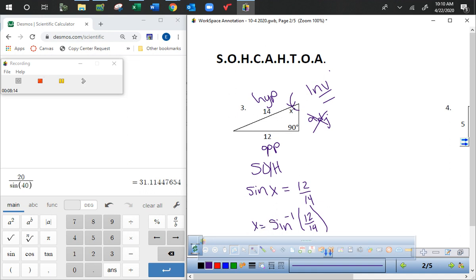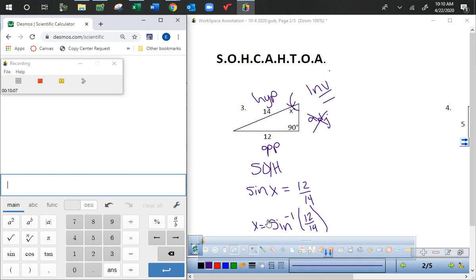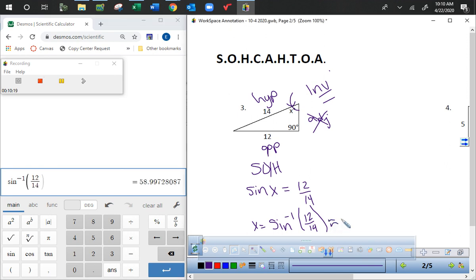Remember over here, you have to go to your function for the inverses. There it is. And then back to your main screen, 12 divided by 14. This rounds up to 59 degrees. Notice on these inverse problems, you're always labeling it as degrees. That's because we're always solving with the inverse when we have angles.